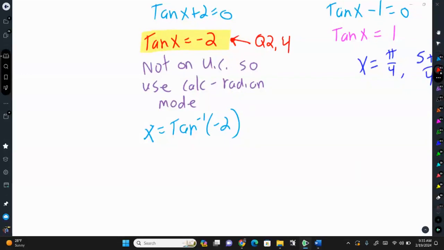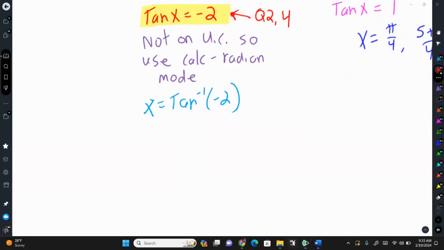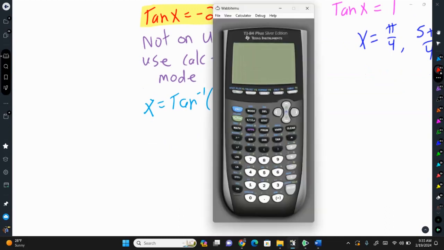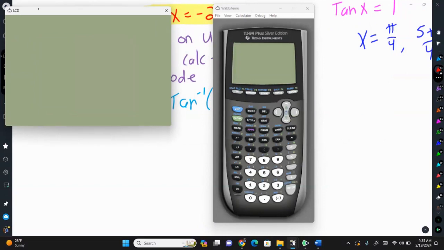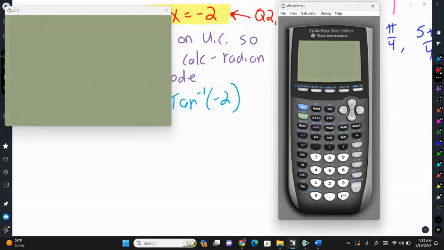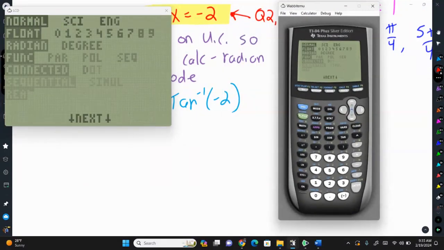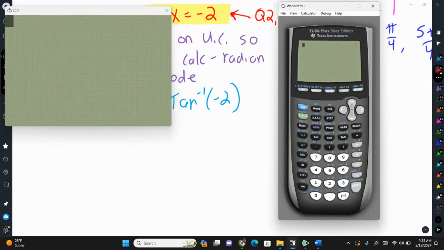So I'm going to have 2 answers. Now, when we do this in the calculator, it's only going to give us a reference angle, which we need to put in the correct quadrants. Okay, we are in radian mode. So we get negative 1.107.